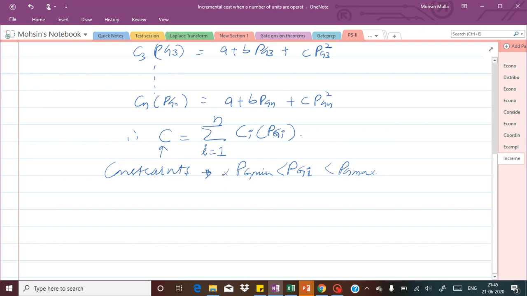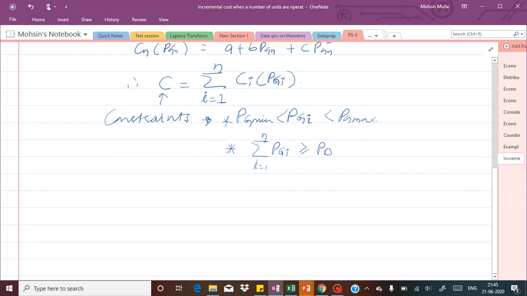There is also another condition: the summation of i equal to 1 to n of Pgi, the total generated value, should in the usual case be greater than or equal to PD. But since here we are not going to consider the reserve capacity, we can directly say that the generated value should be exactly equal to the demand.